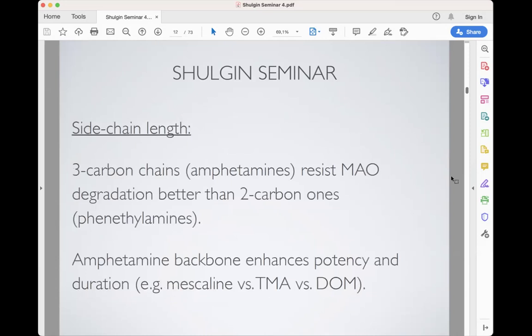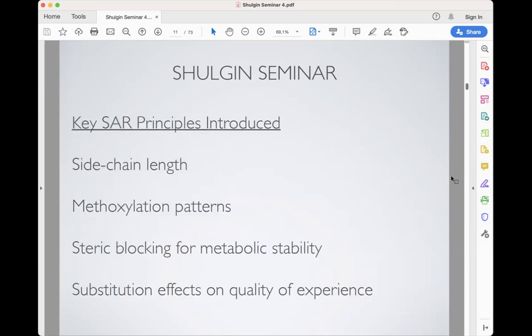So, side chain length. I think the first analysis that he did was to analyze the TMA family of phenethylamines, which are constructed out of mescaline, right?